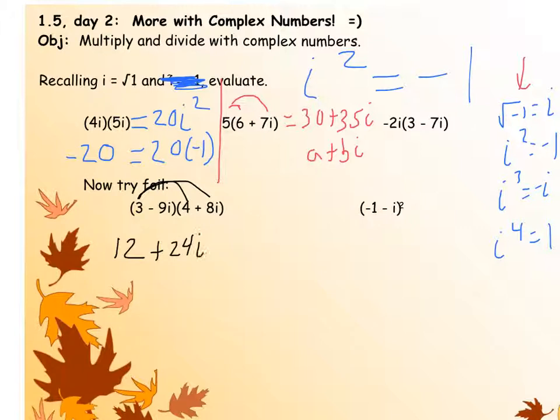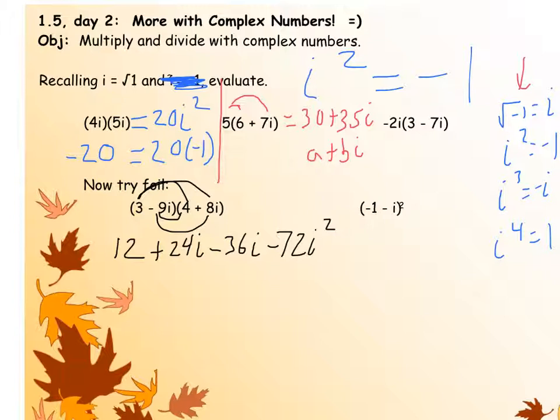This is another kind of problem on these videos where, if you feel pretty confident in what you're doing, feel free to pause, work it out yourself, and see if our solutions match. -9i times 4 would be minus 36i. And then the last two terms would be -9i times 8i, which would be minus 72i squared. Make note of that i squared. That is eventually going to get replaced with -1.